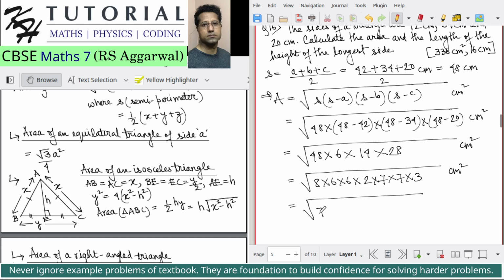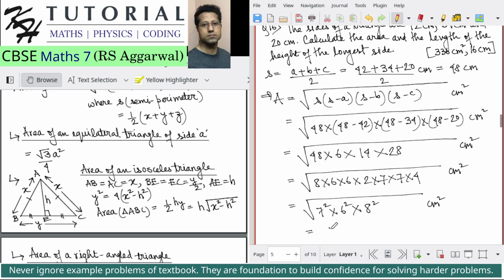So definitely we have 7 square, and we have 6 square and 2 16. 6 square, we have 1 3. Sorry, this will not be 3, but we have 7 into 4. Okay, so now we have multiplied by 6 square multiplied by 8 square.